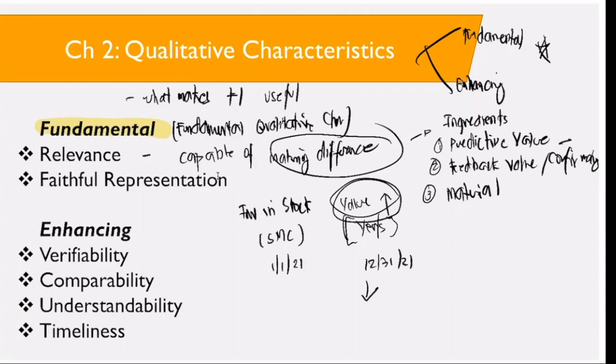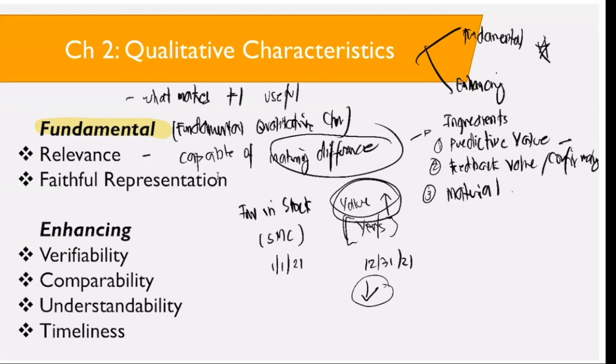So what is your prediction? That the value of the stock will increase. However, what is the feedback or confirmatory value? That the value of the stock decreased. So it has both ingredients. You can predict, and at the same time there is feedback as to that prediction, whether or not the prediction is true. Finally, it is material.